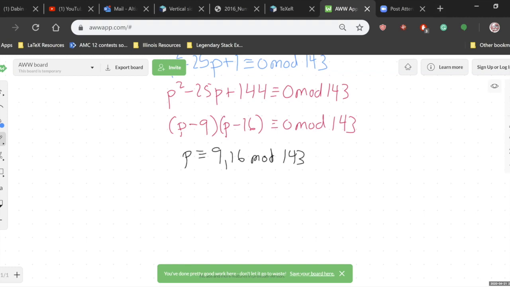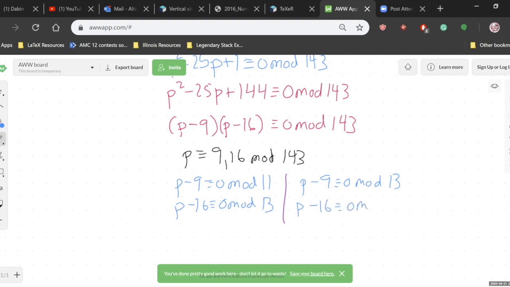Well, we can make P minus 9 congruent to 0 mod 11, and P minus 16 congruent to 0 mod 13, or we can make P minus 9 congruent to 0 mod 13 and P minus 16 congruent to 0 mod 11. Right? These are the 2 possible options, in addition to what I have.